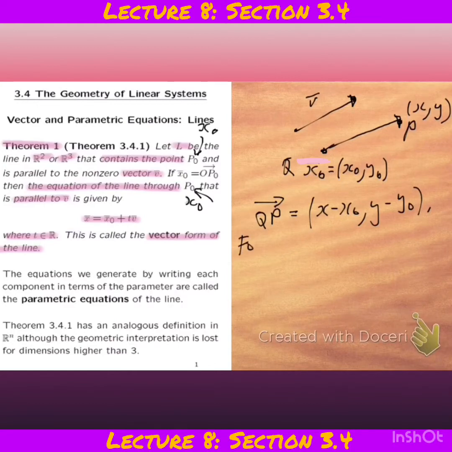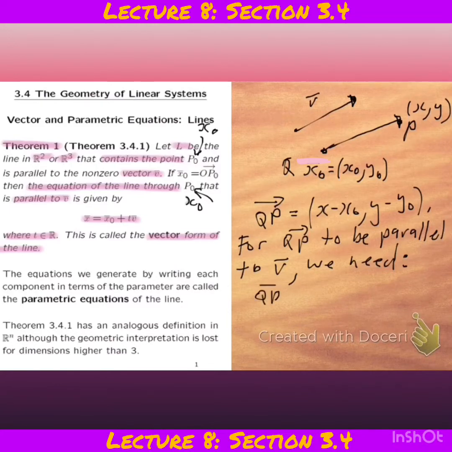So for it to be parallel to v, we need a real number t such that QP is this real number times this vector v, for some real number t.